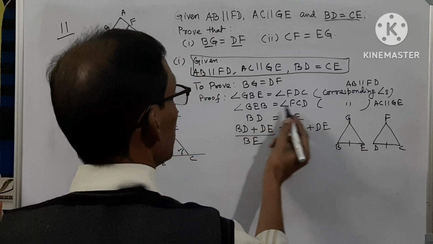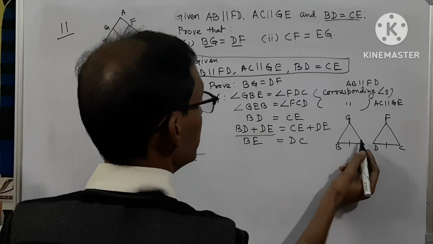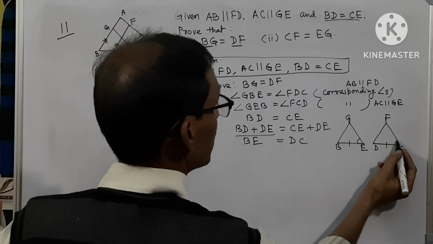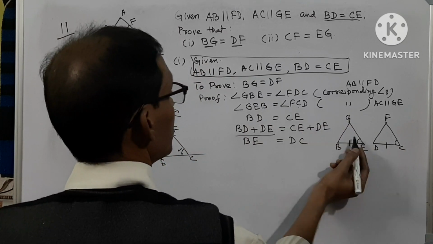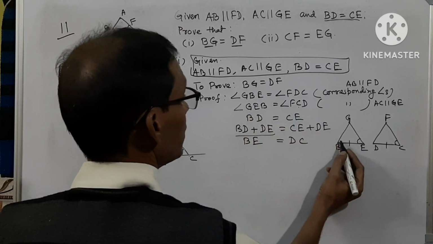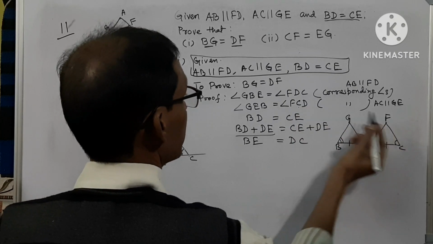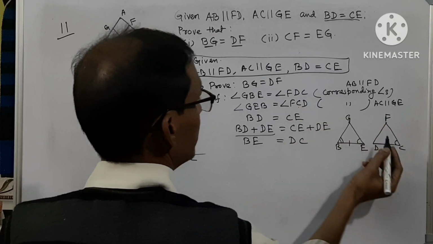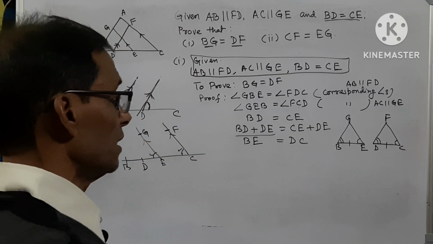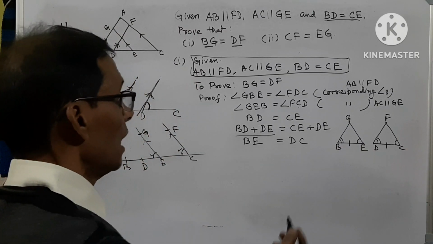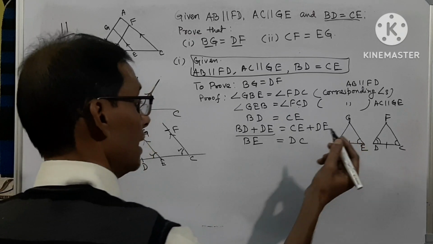Angle E and angle C. In the left triangle, angle B, and in the right triangle, angle D. So we have seen the corresponding parts: angle, side and angle.